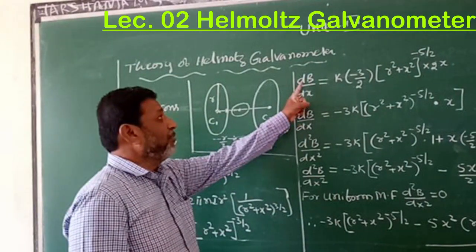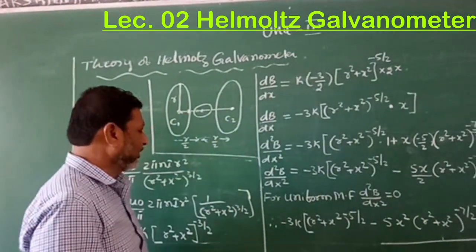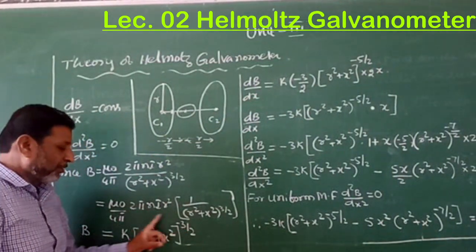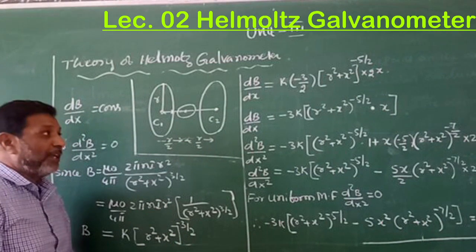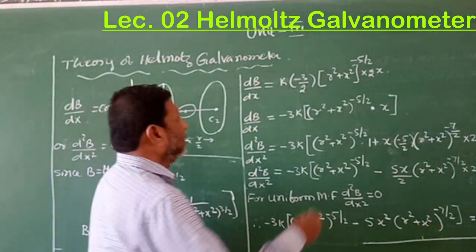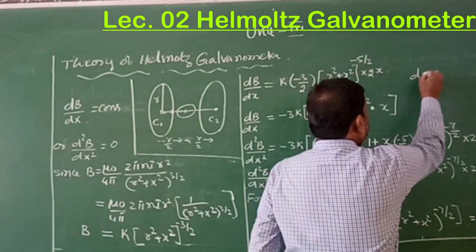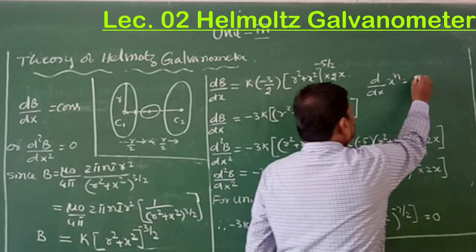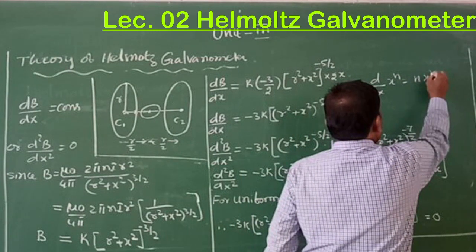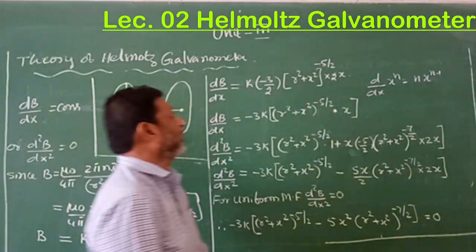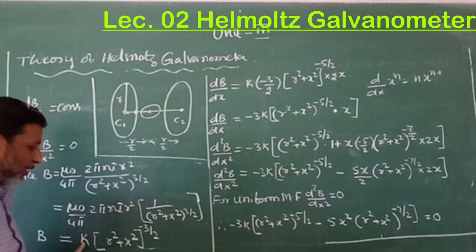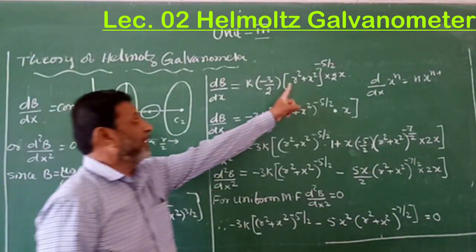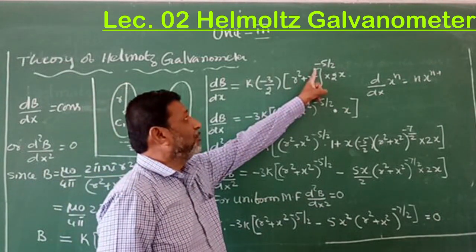Therefore, the next dB by dx is equal to differentiating this one. Now k is a constant. According to the differentiation, d by dx of x raised to n, the general formula is n into x to the power of n minus 1. This is what we are using here. This k is a constant, then this is n, and when you differentiate, the power decreases by 1.